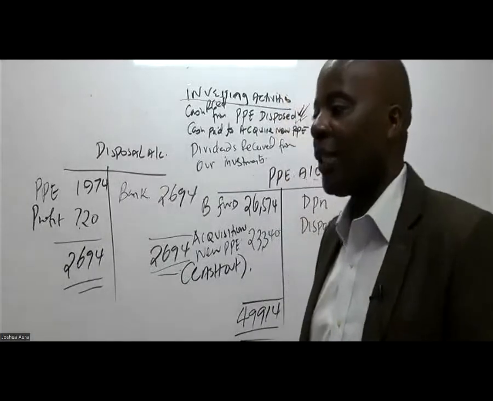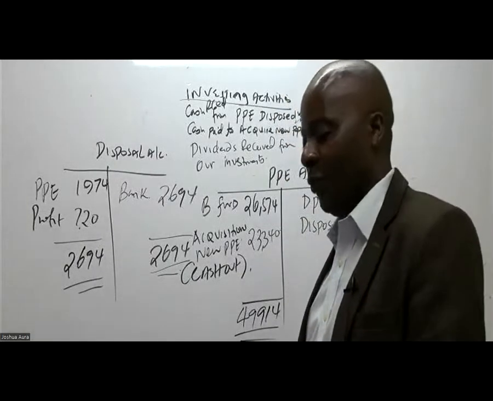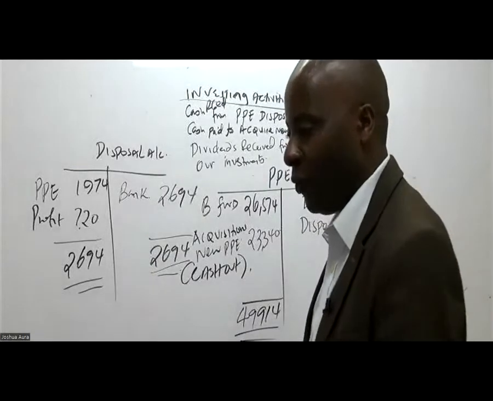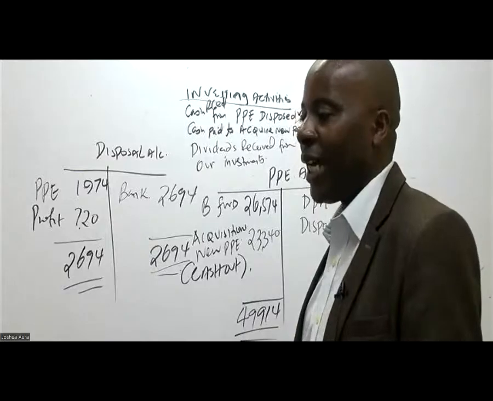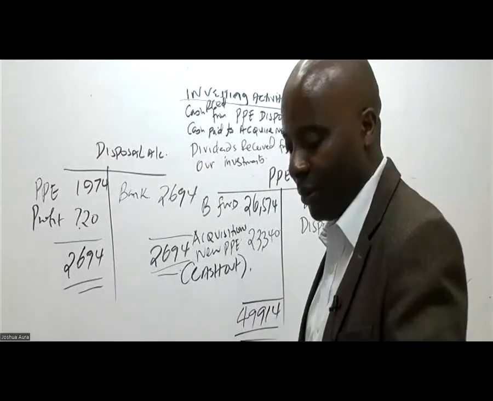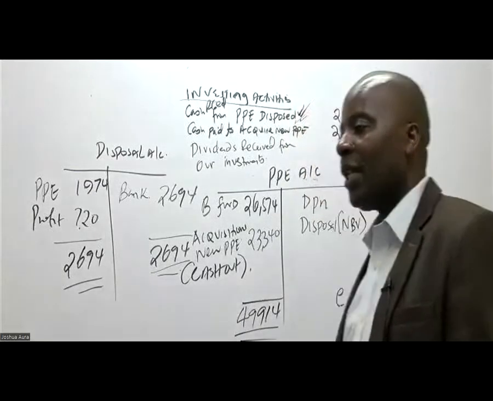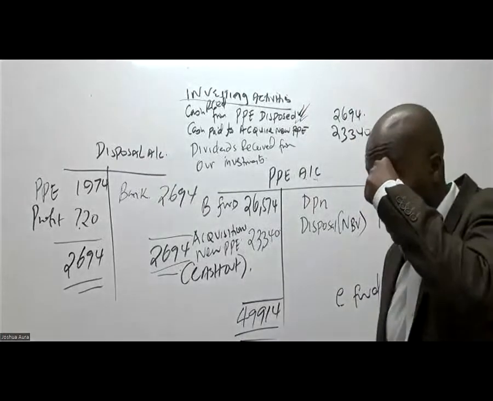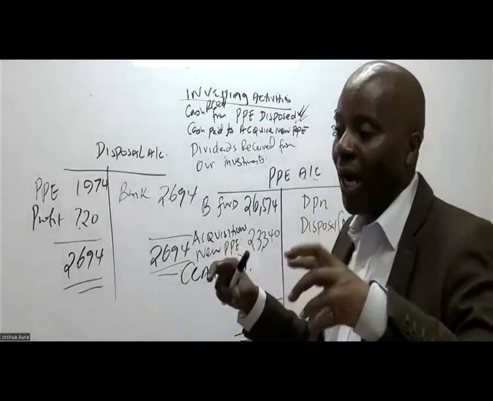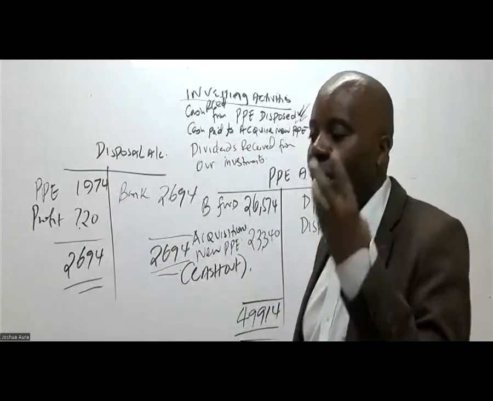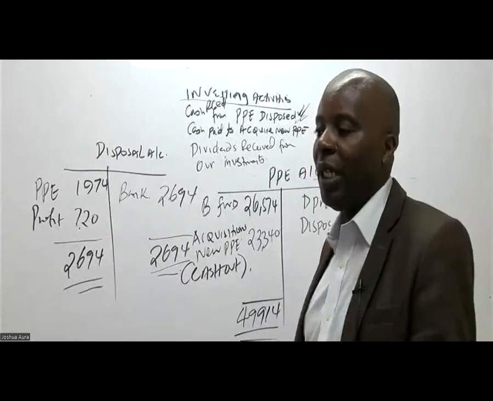Great. How about dividends received? Dividends received from our investments, that must be the investment income. And because we don't have dividends received in our liabilities or current assets, we shall simply book that investment income the way it is.